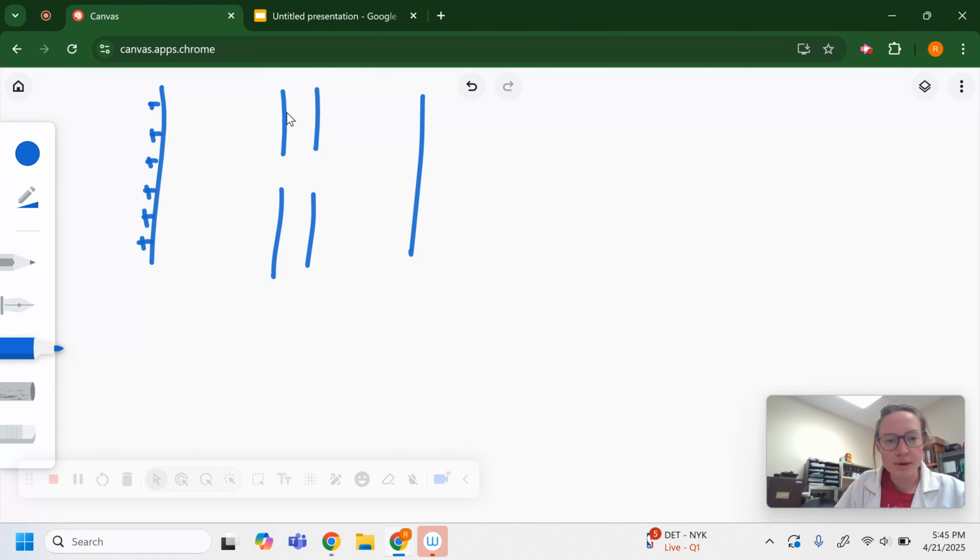We give the opposing plate a super negative charge like this. Same thing on this side. We give this plate a super positive charge like this. And we give the opposing plate a super negative charge like this. And then what we do is we take our little hydrogen nuclei. Here is one. And over here is another little guy.